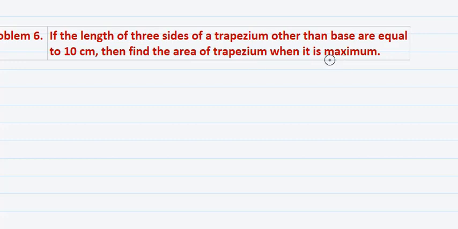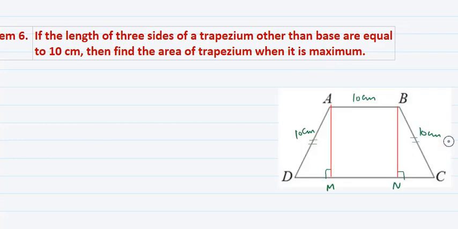To understand the problem very well, let us draw a figure. So here is the figure. ABCD is a trapezium in which AD is equal to BC is equal to AB, given as 10 centimeter. Let us draw AM and BN as the perpendiculars on DC. Now you know very well that MN will also be equal to 10 centimeter.